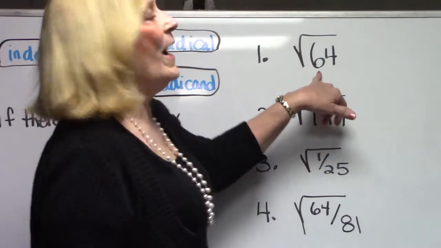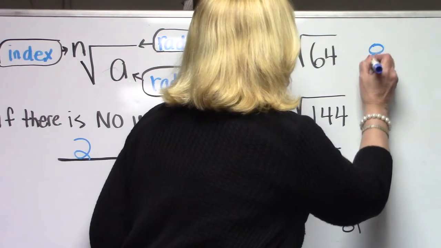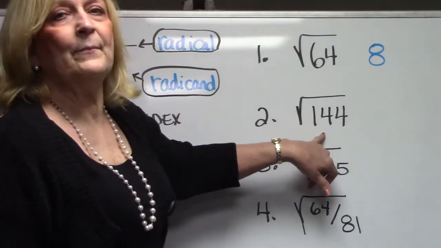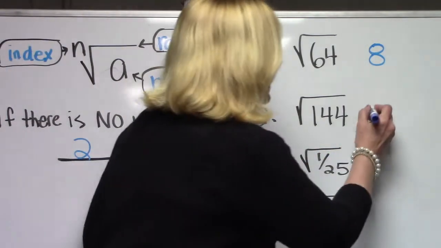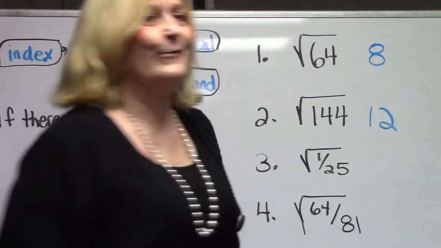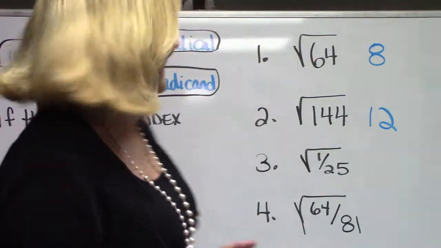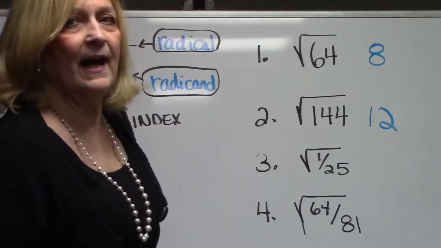What number times itself gives you 64? We know the answer is 8. The second one, what number times itself gives you 144? We know that is 12. If worse comes to worse, you can always type those into your handy-dandy calculator. But what if we get something like 1 over 25?